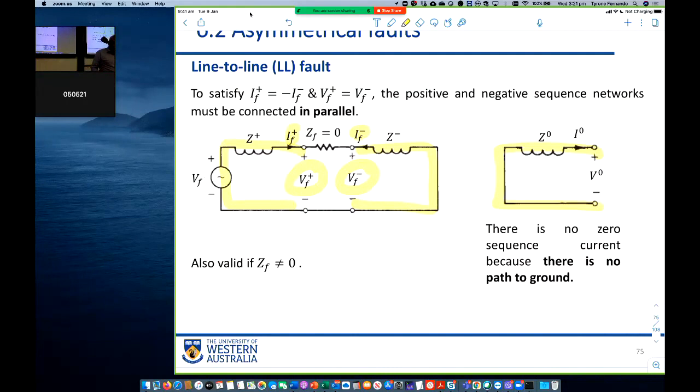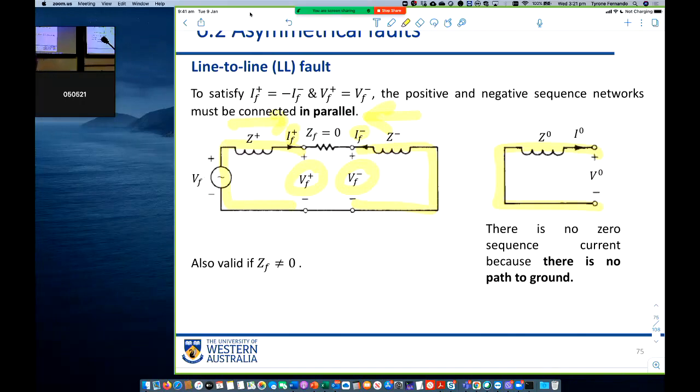And if they're connected this way, you can see the positive sequence current, which is flowing that way, and the negative sequence current are in opposite directions, but have the same magnitude, right? And the zero sequence circuit doesn't connect to anything because the zero sequence current is 0. There is no zero sequence current.